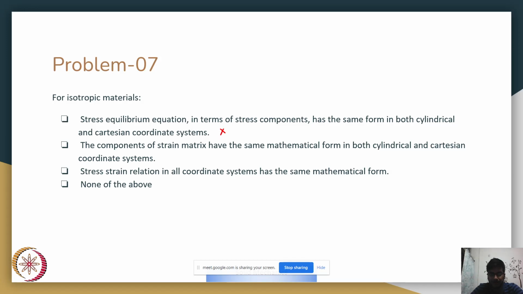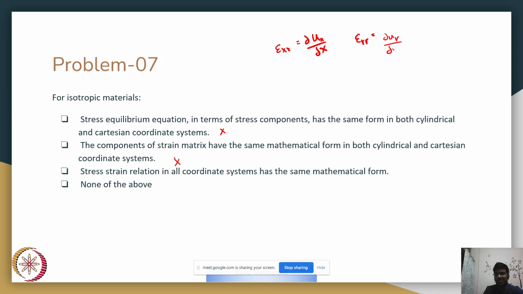So the second option is components of strain matrix have the same mathematical form in both cylindrical and Cartesian coordinate system. This is also false. So if you want say epsilon xx, that is dou ux by dou x, whereas if you want say something like epsilon rr, that is dou ur by dou r.